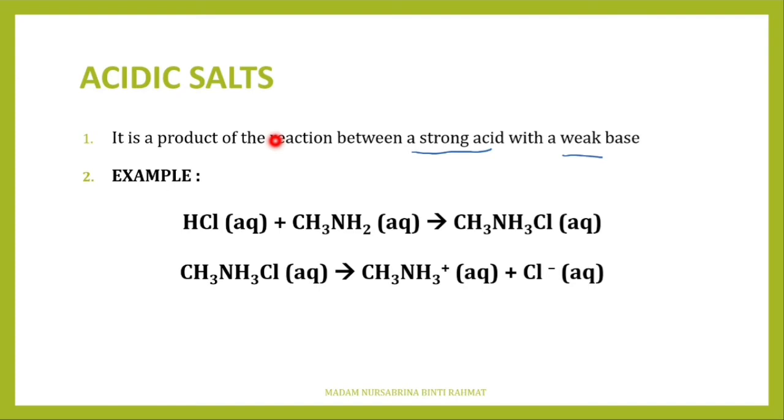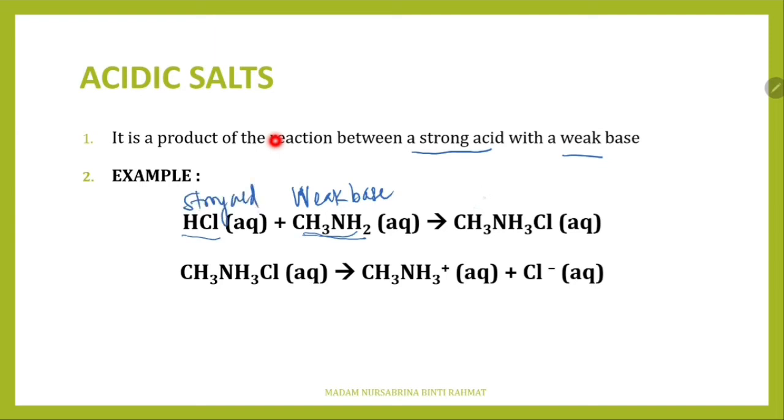We already talked about this in your first video for chapter 7, so if you're still unclear, you can go back and rewatch it. Here I have an example: hydrochloric acid reacting with methylamine. This is my methylamine, which is a weak base, and this one is a strong acid.